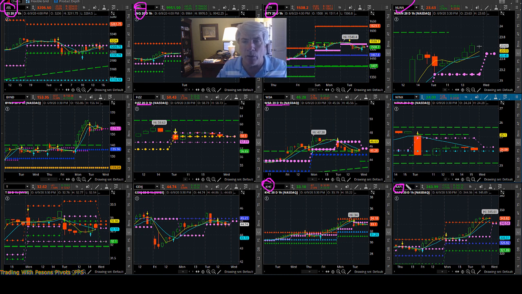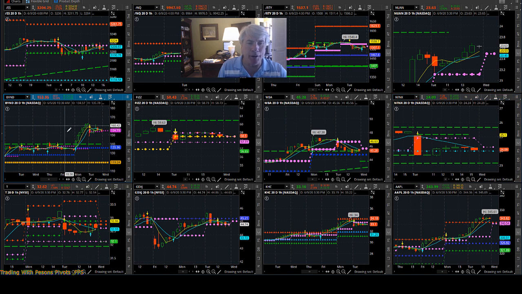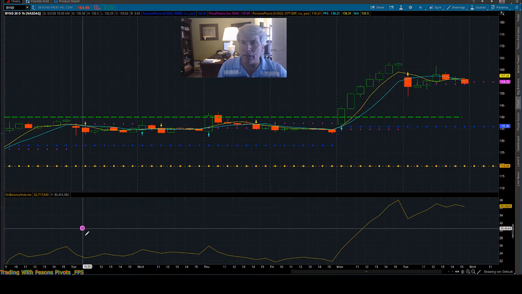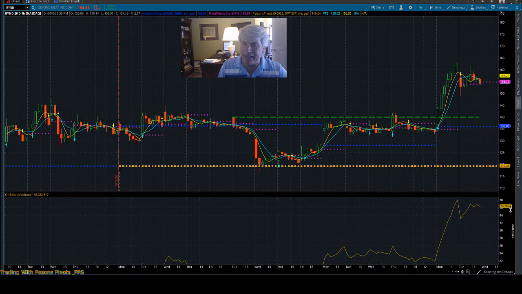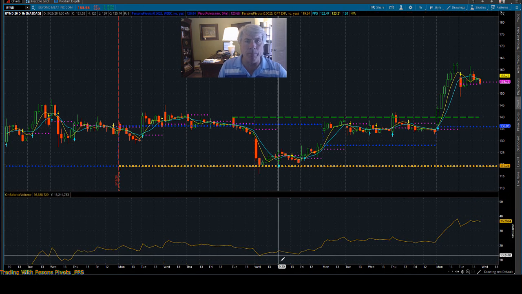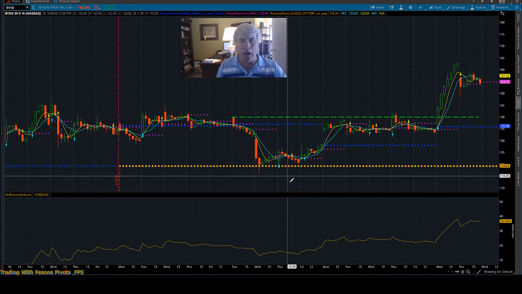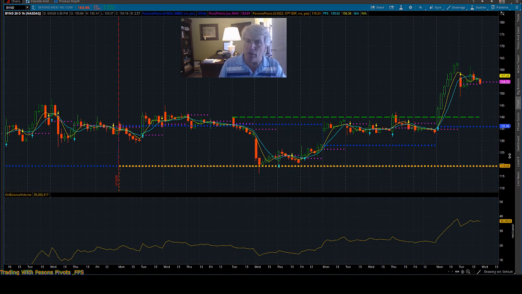So let's talk about what we do and how the Person's Pivots and the PPS indicator come together. First and foremost, I'm going to cherry pick Beyond Meat, and let's take a look at what's on the screen. I have already laid out the On Balance Volume indicator tool, but you'll notice these different lines. What do these lines represent?